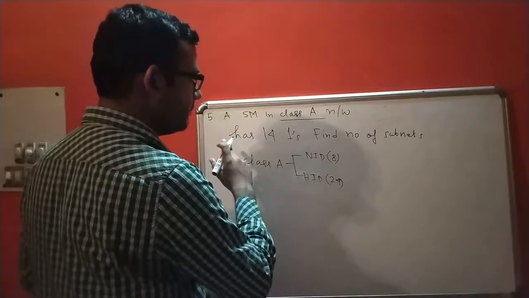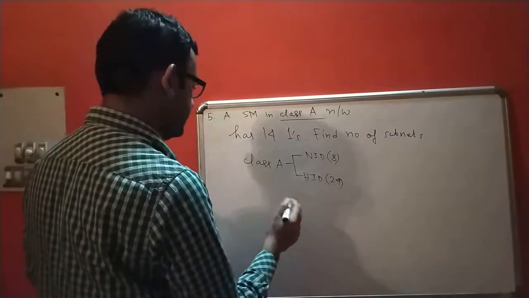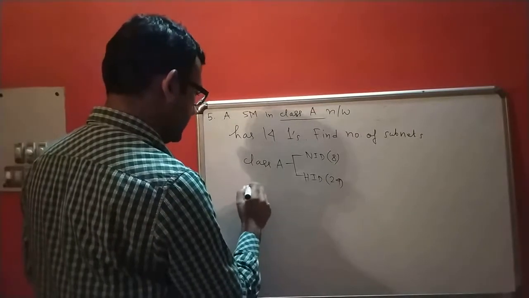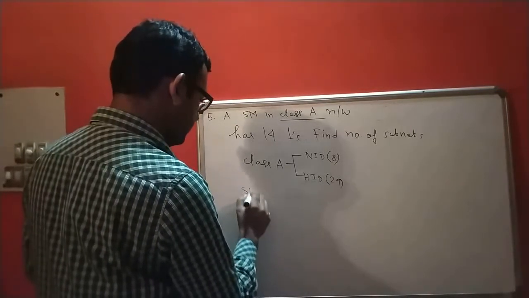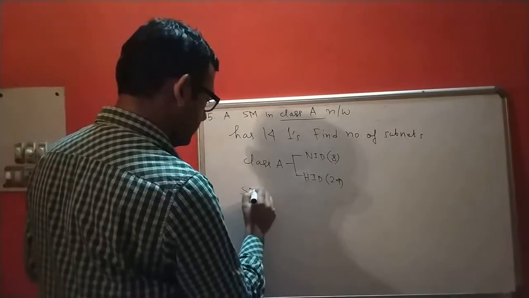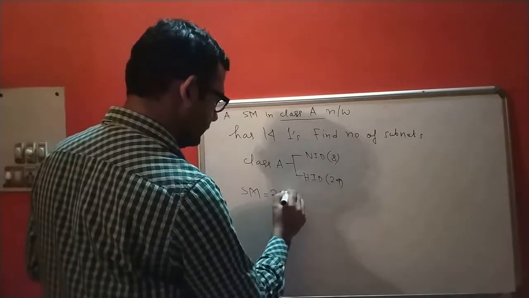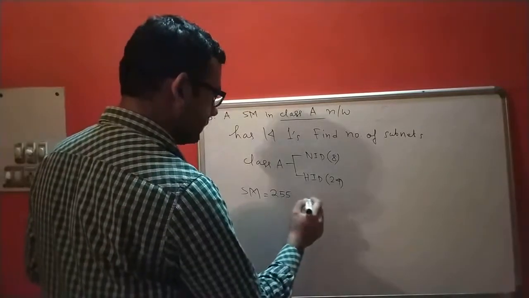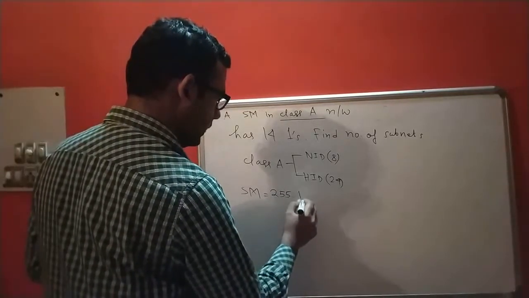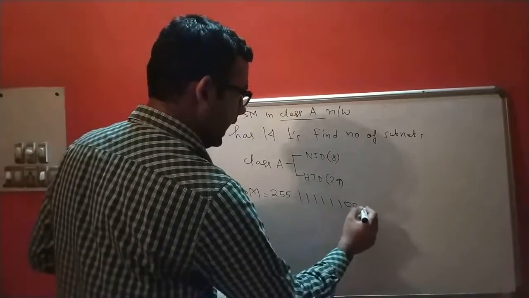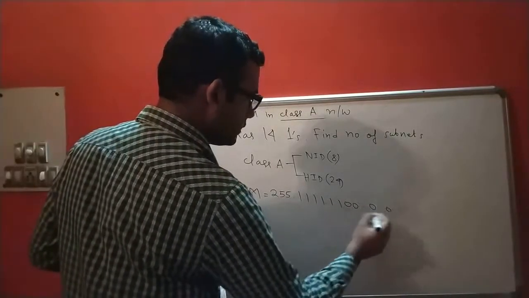So if there's a subnet mask which consists of 14 ones, there are 8 ones which represent 255, and then there are 6 ones. So 6 ones will be 1, 2, 3, 1, 2, 3, 00, and the rest are all 0. This is my subnet mask.